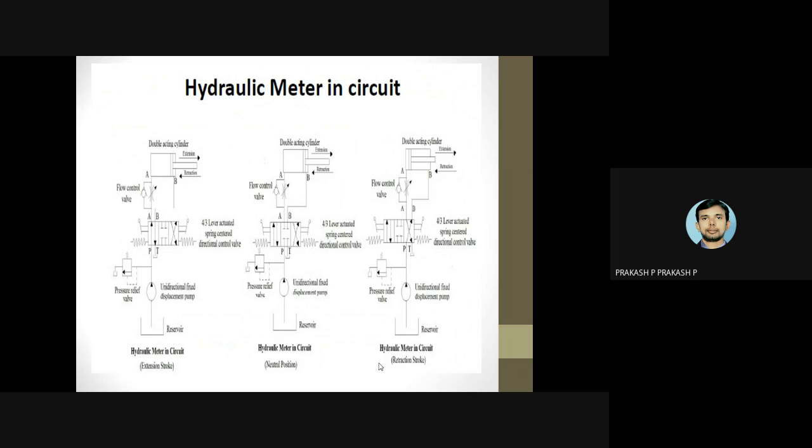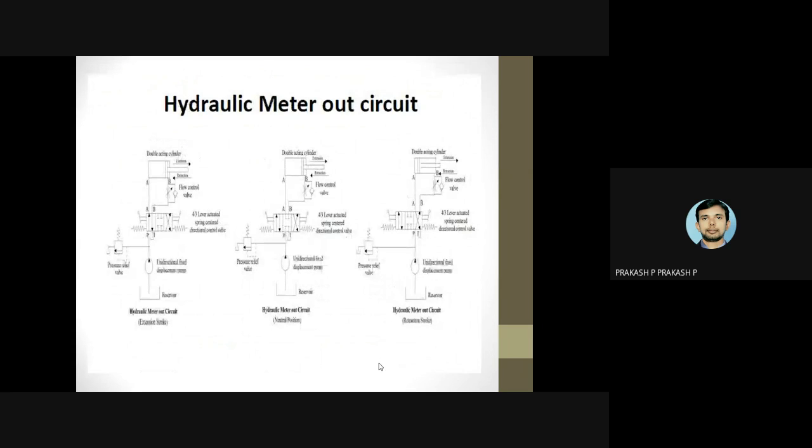So this is the major difference: for extension, the fluid flows through the variable flow control valve only; for retraction, the fluid passes through the check valve only. This is the major difference in the hydraulic metering circuit for extension and retraction.